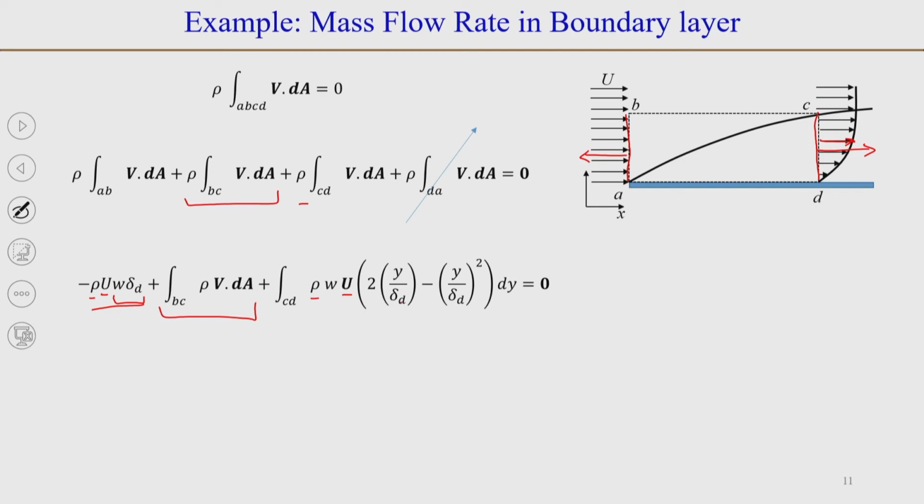At this particular location delta is equal to delta d. So, we have written 2y by delta d minus (y by delta d) squared into w into dy, because the velocity profile varies with distance, so we will integrate from 0 to y.